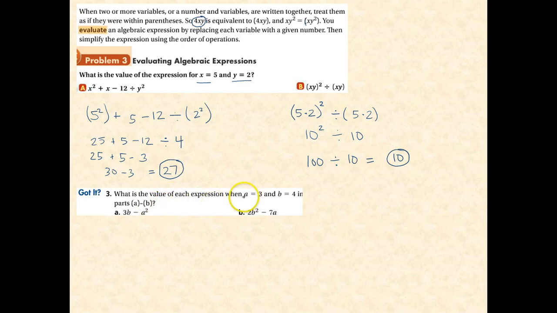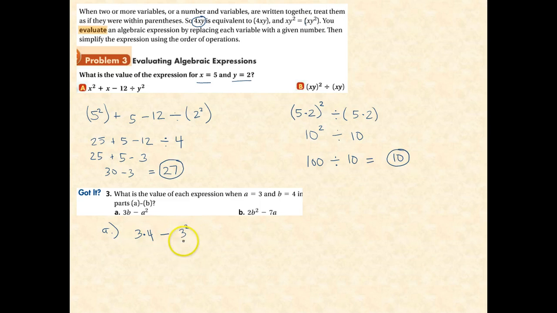Okie dokie. So, for part A, 3b minus a squared. 3b means 3 times b. So 3 times b, which is 4, minus a squared. a is 3, so 3 squared.